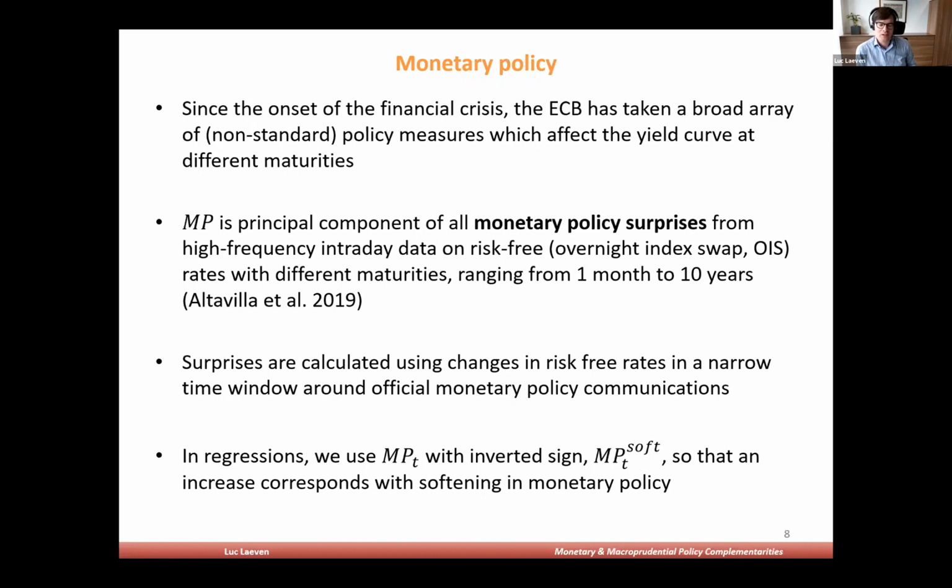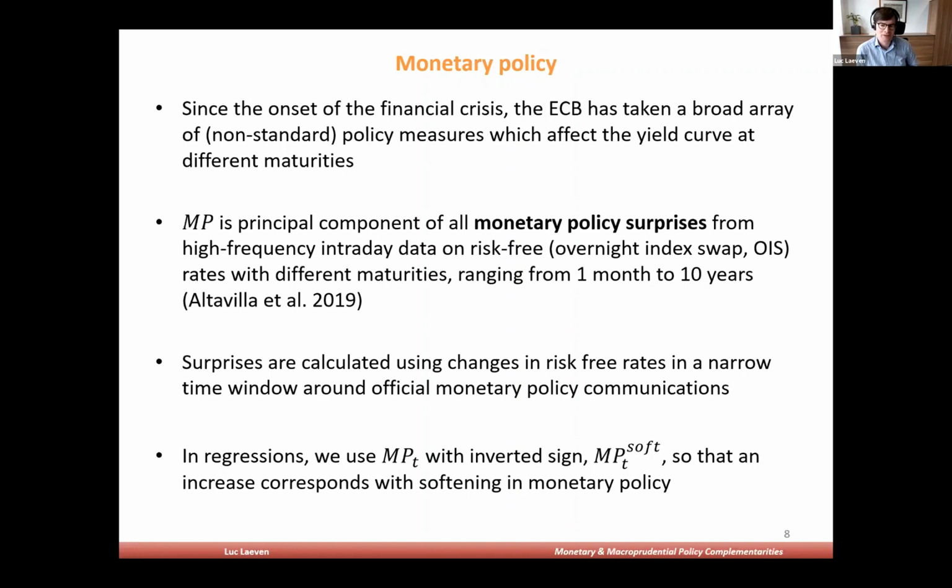And then the way we incorporate this in our empirical model is we make two additional steps. The first is that we aggregate individual monetary policy surprises that are around the time of an ECB announcement, which could be in the middle of the month. We basically accumulate those shocks over each 6-month interval to get to the monetary policy change that is exogenous over that period.